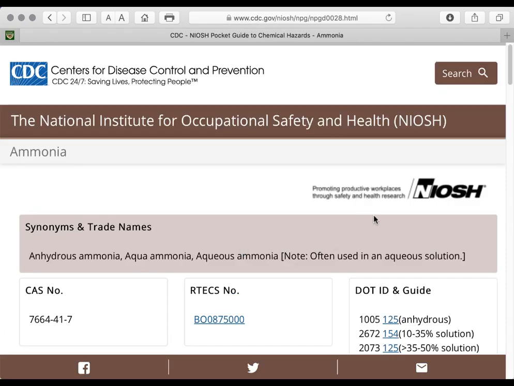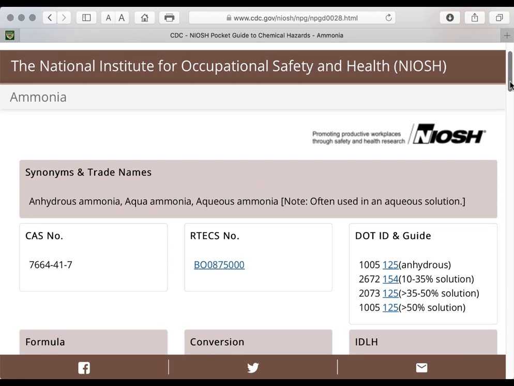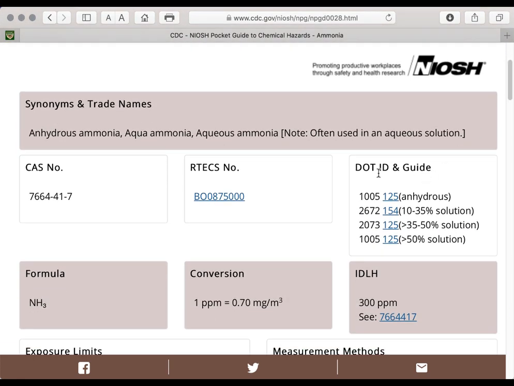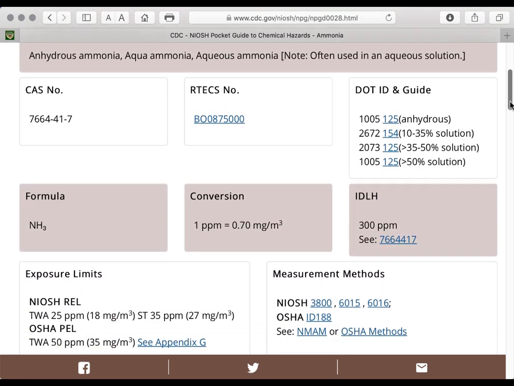And it'll pull up the NIOSH Pocket Guide of ammonia. This CAS number is a number that's specific to that chemical, the Chemical Abstract Service number. It tells you what part of the Department of Transportation guidebook to go to when you're transporting it.